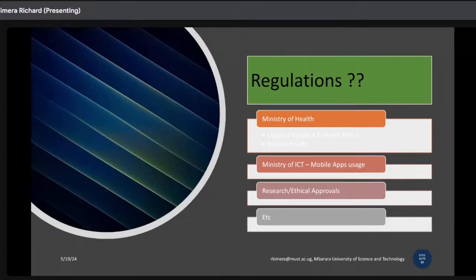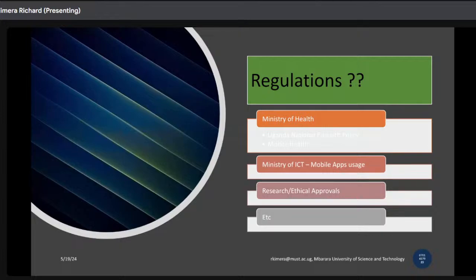At least we know about the research and ethics approval, which you must get before you work on your research. If your research will involve collecting data or human beings, you will need REC approval, which usually takes some time. It can take a month or two before you actually get it. So the best way, again, is to start early. And there are so many other regulations.